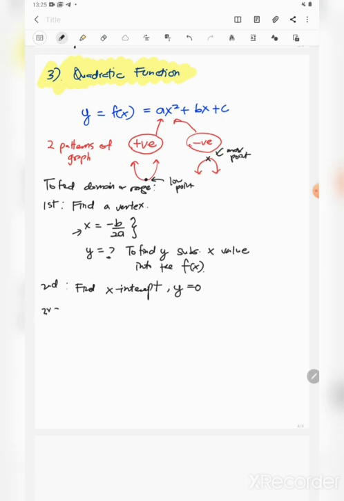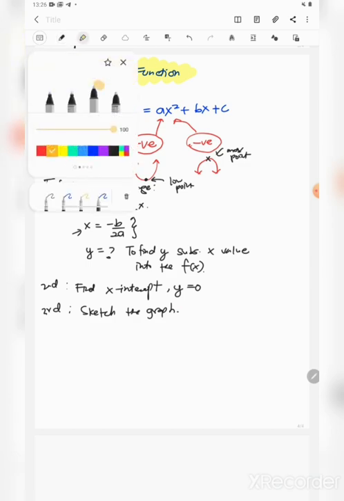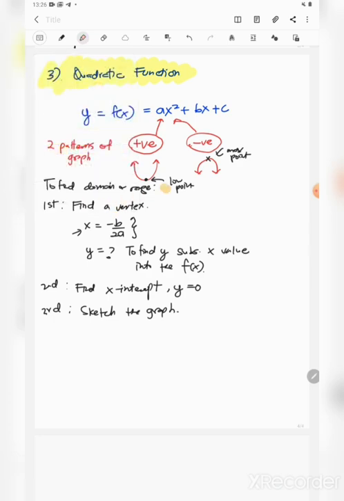And then third, you have to sketch the graph. So we have 3 steps to find the domain and range for the quadratic equation. First, find the vertex. Second, find the x-intercept by setting y equal to 0. And third, sketch the graph.